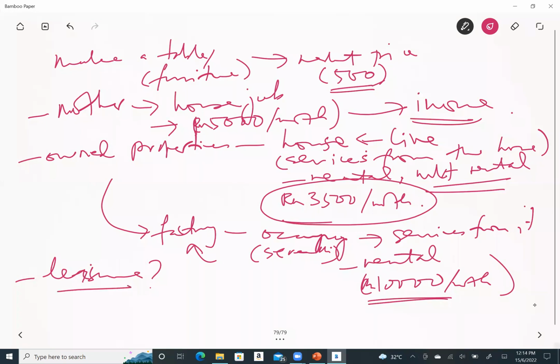Suppose you do that 4 hours a day. What is the income from there? What is the cost of that 4 hours? What is the cost of time? Suppose you are working. The question is, in those 4 hours, if you work, how much money can you get? That is your opportunity cost.